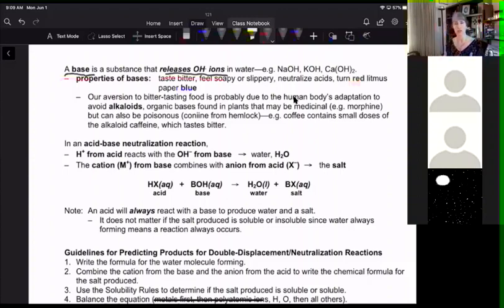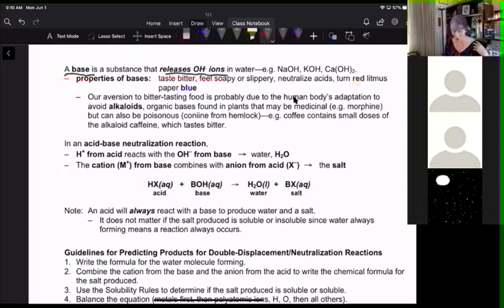Where they turn the vegetable dyes red for acid, they turn blue for base. So again, we're going to see that in our lab, we just boil up some purple cabbage. You are welcome to play with that at home and get some red cabbage, boil it up just a little bit. You can use the microwave and get a nice purple solution. I'm planning to show you that reaction.